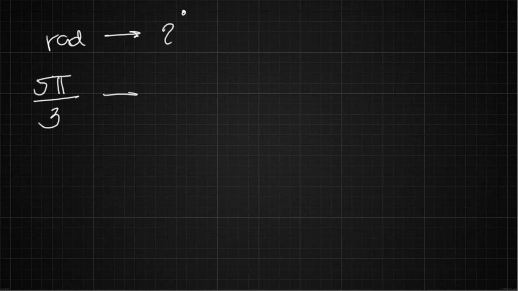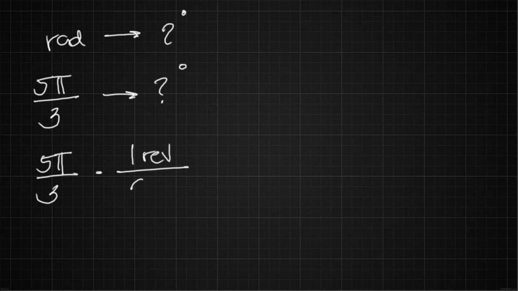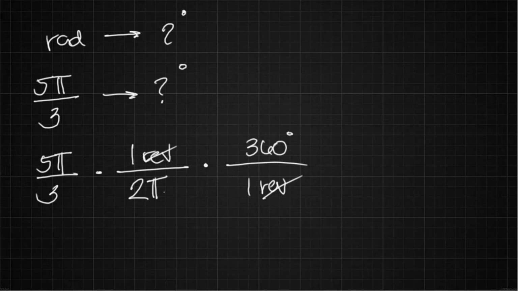Now how about we solve radians into degrees? Here we apply the same concept of using conversion factors, where we need to find a way to convert the unit into another unit in order to find the final answer. Here we're going to convert radians first into revolutions, then revolutions into degrees.